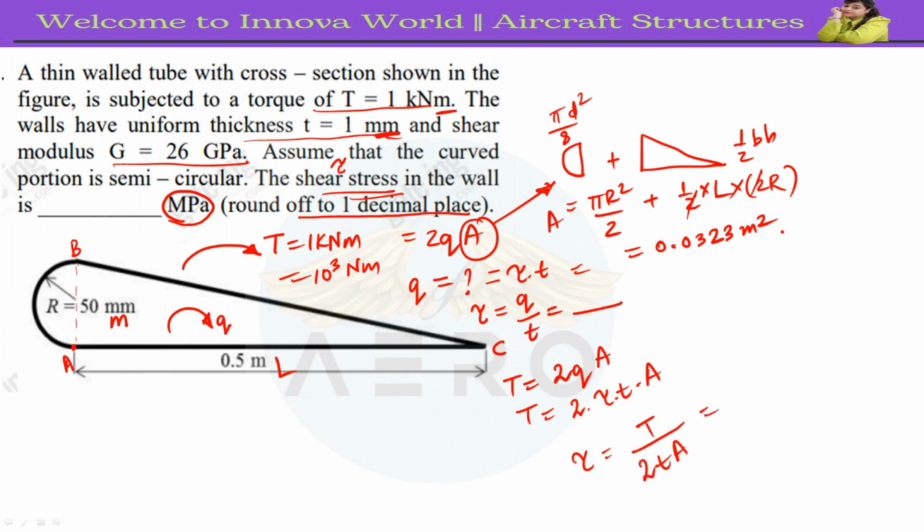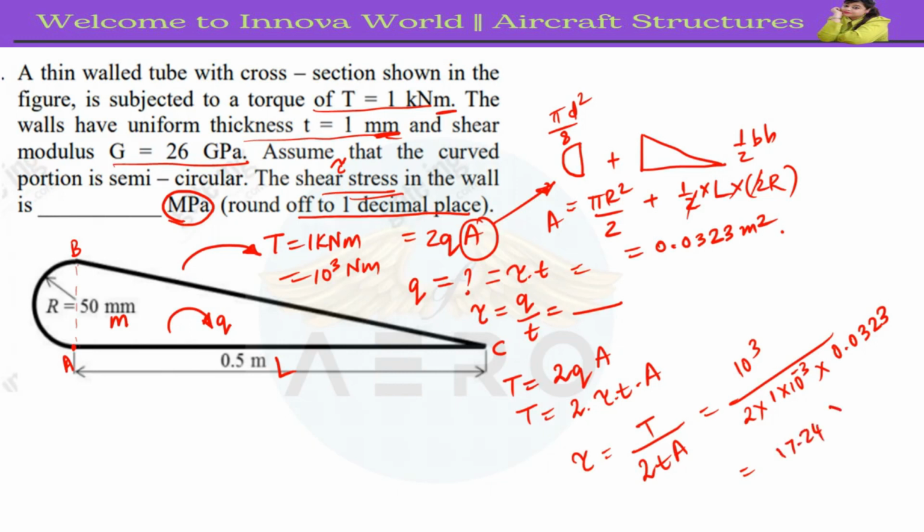Now substituting the values, T value is 1 into 10 power 3, divided by 2 into thickness, which is 1 into 10 power minus 3, into area, which is 0.0323. Right?